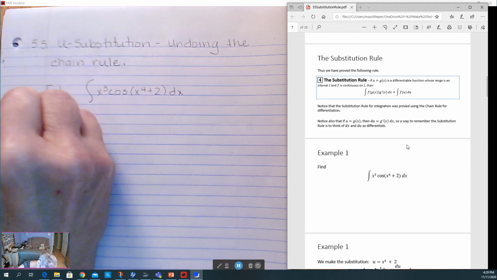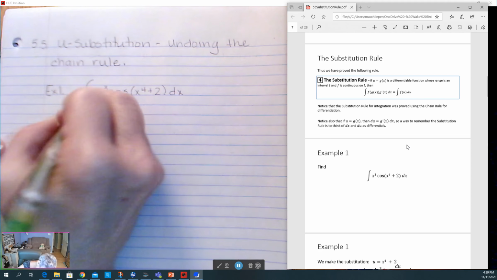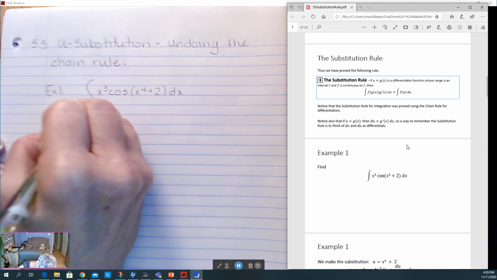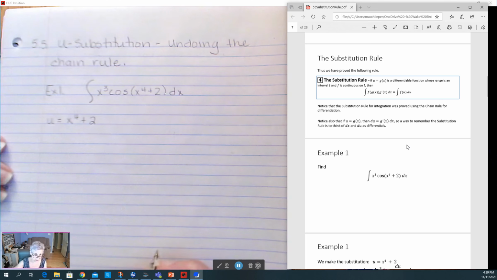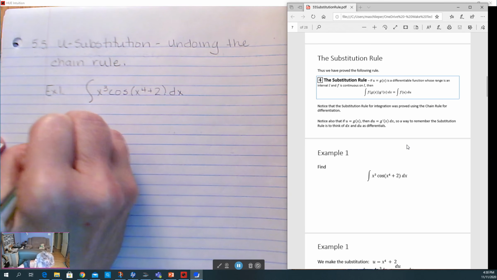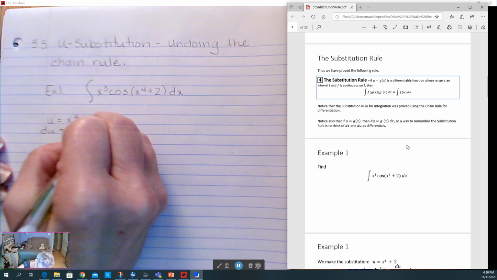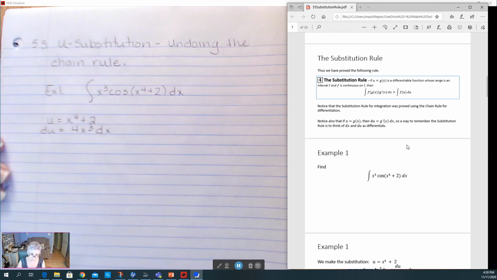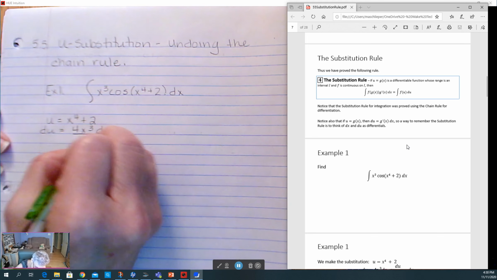It may not be the right choice, but it's a good try. So let's see. If we let u be equal to x to the 4th plus 2, then du is equal to 4x cubed times dx. What I'm going to do now is to isolate my dx.